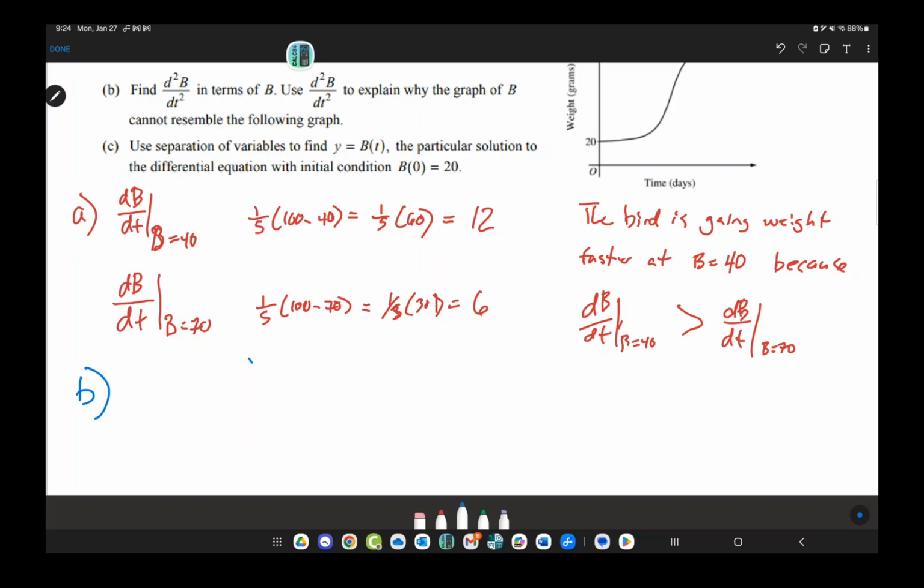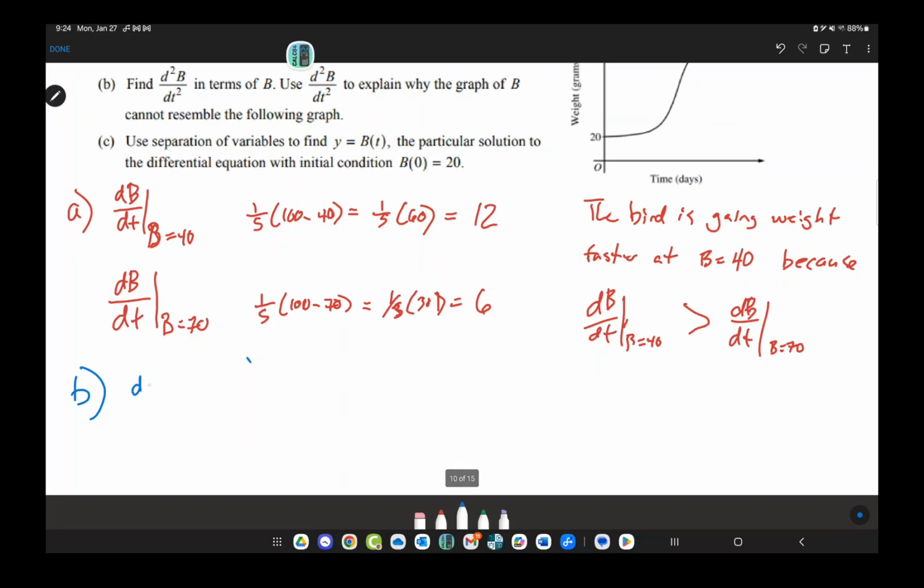Negative 1/5. Yeah, because if you distribute through and then take the derivative, you just get negative 1/5, right? But you have to be careful here. So d squared B over dt squared is equal to negative 1/5 times dB/dt.